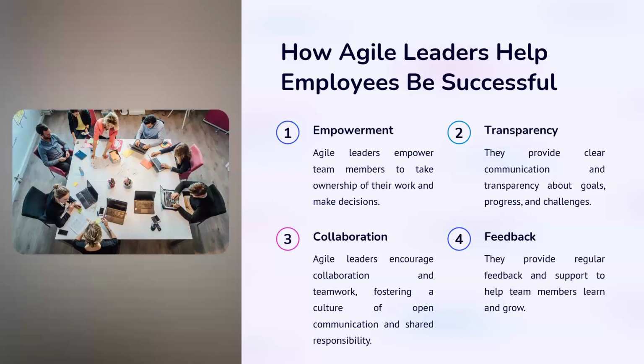So how can agile leaders help employees to be successful? So first is empowerment. That is, agile leaders empower team members to take ownership of their work and make decisions. So each team member is given a responsibility, and these team members have to be responsible for the actions they do.